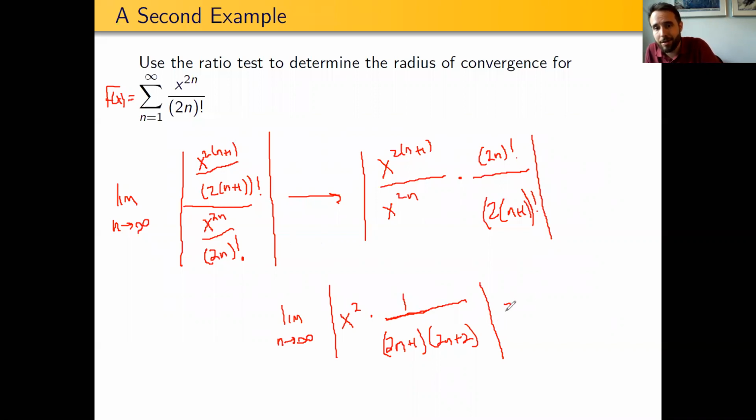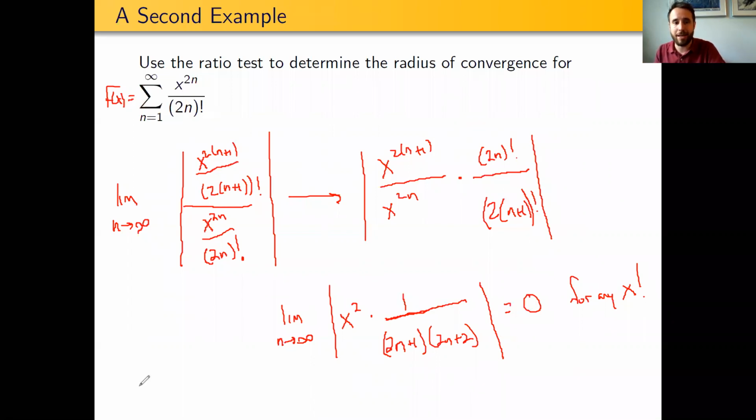And so this will end up going to 0 for any x value. And the end result is that this series will actually converge no matter what x value we use. For any x value that I look at, this series converges by the ratio test because that corresponding limit equals 0.